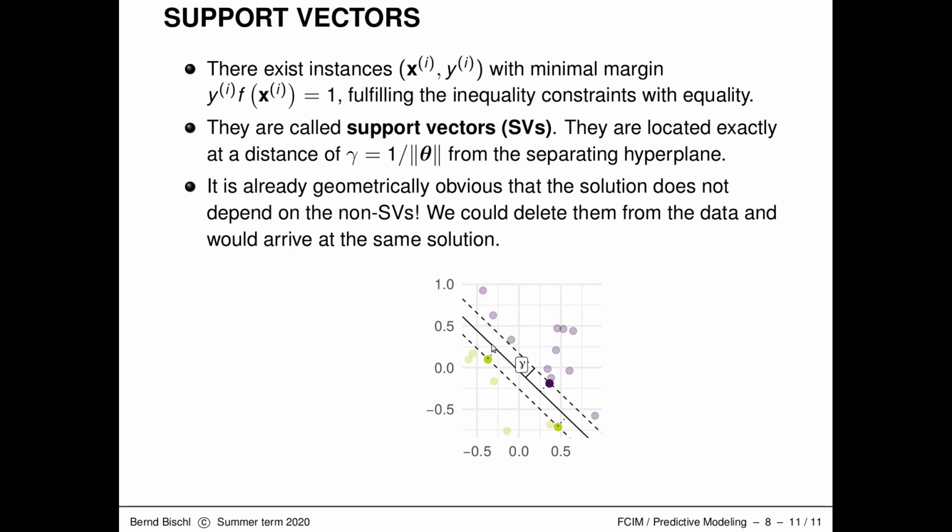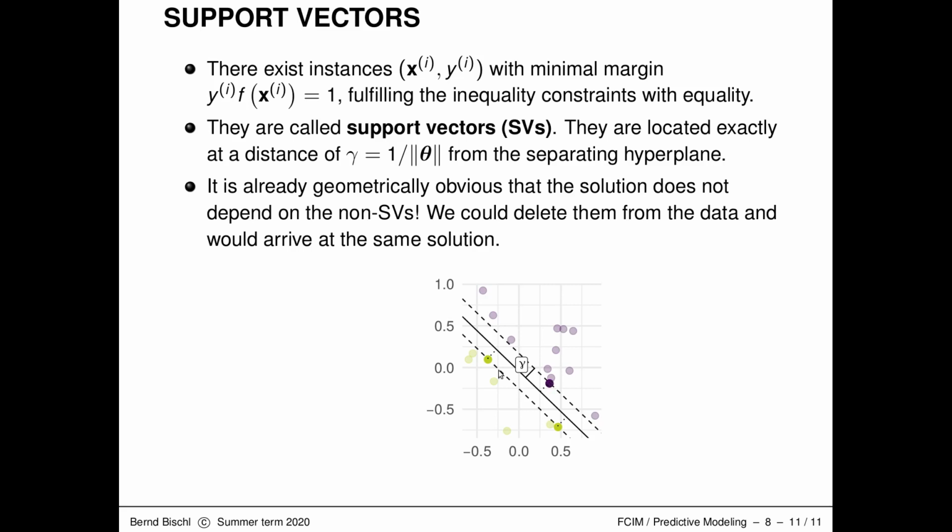But for now, it should be okay to simply accept that if you were to geometrically remove all of the non-support vectors from the positive and the negative class, and solve the same optimization problem with a reduced set of points, only keeping, for example, these three, it's immediately obvious you would still arrive at the same solution, right?